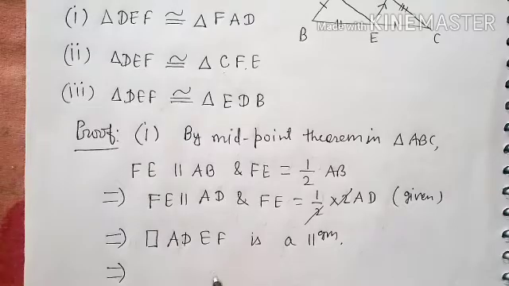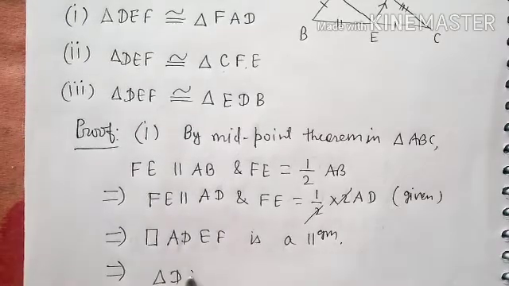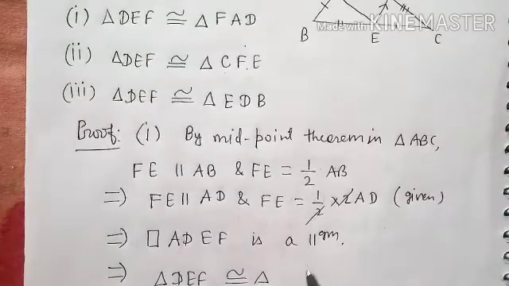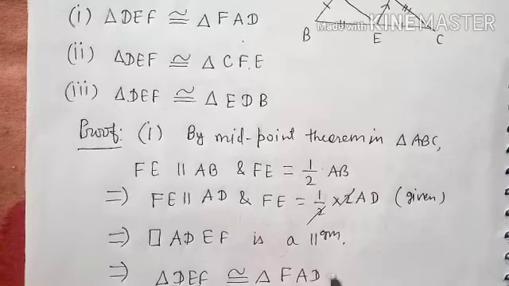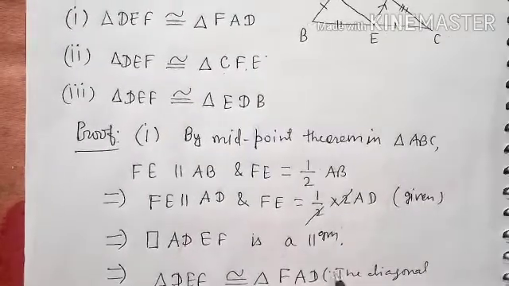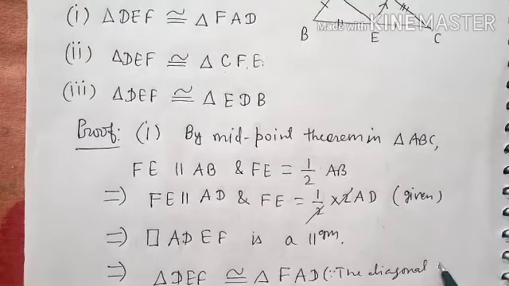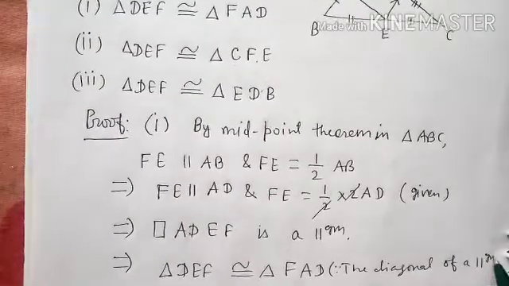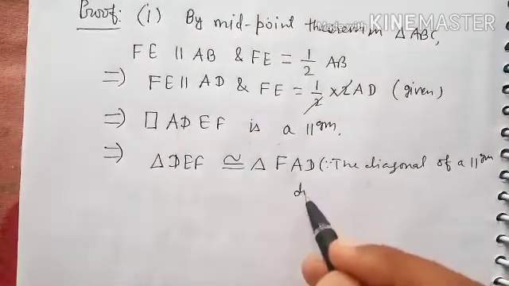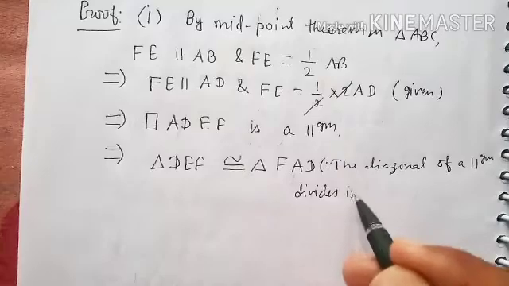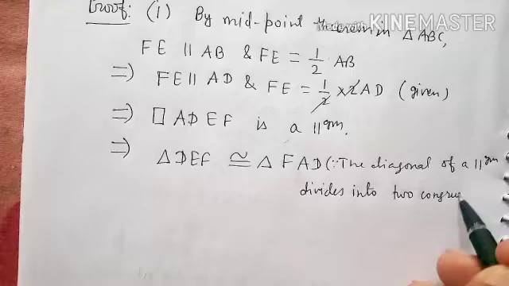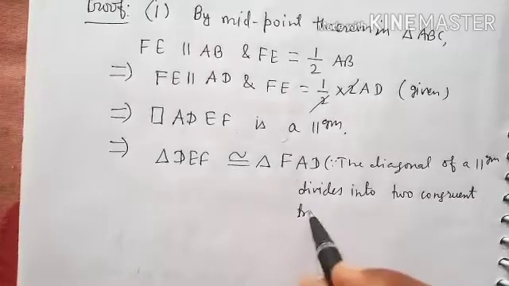So this implies that triangle DEF is congruent to triangle FAD. The diagonal of a parallelogram divides it into 2 congruent triangles.